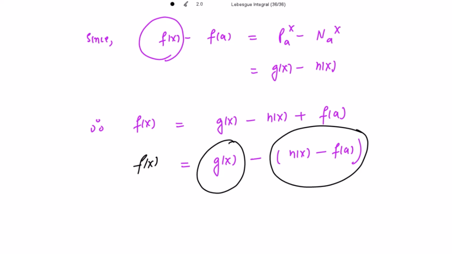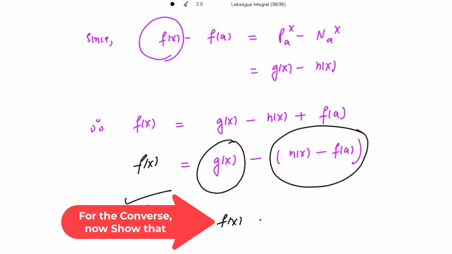And now to show the converse. The converse becomes: if f(x) is the difference of two monotonically increasing real valued functions, then we need to show that this f(x) is of bounded variation on closed interval [a,b].